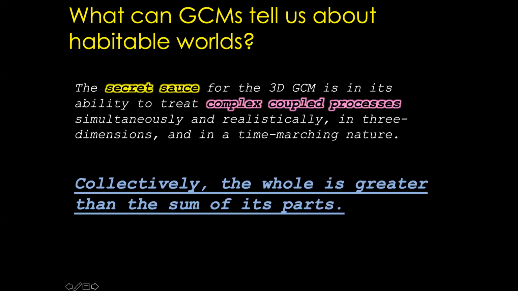So the secret sauce for 3D GCMs is in their ability to treat complex coupled processes simultaneously and realistically in 3 dimensions and in a time marching nature. Collectively, the whole is greater than the sum of its parts. So in lower dimensional models, they're much, much faster, and you can devote more computational time to doing better radiative transfer or better chemical calculations.